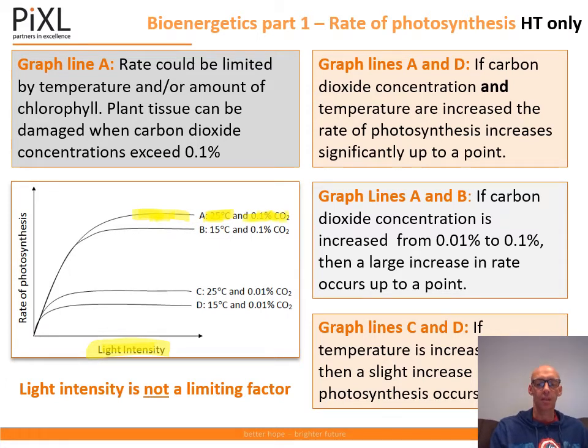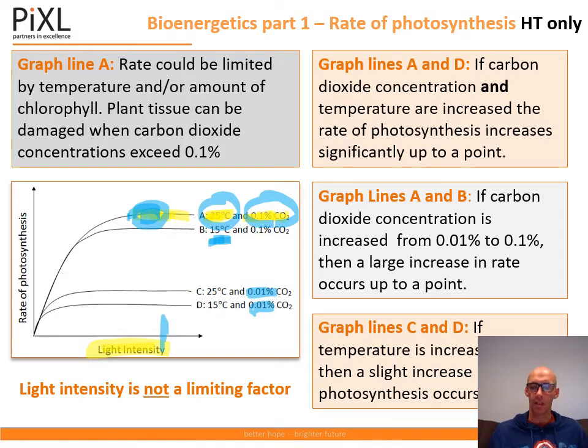This one here, that's colder, and both of these down here have much less carbon dioxide. So it's a combination of those different factors. It's not just the light, it's not the carbon dioxide, it's not the temperature, it's all three. So here we go, up the top here, where the conditions are best is a nice warm temperature, lots of carbon dioxide, and a high light intensity.